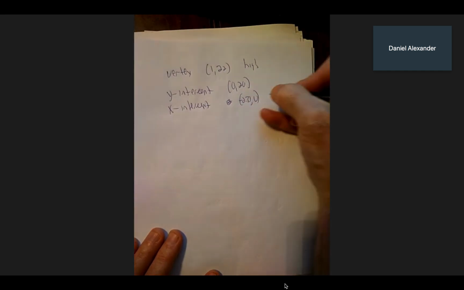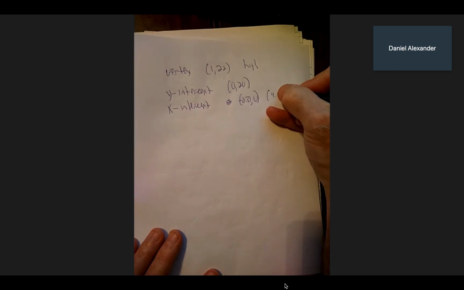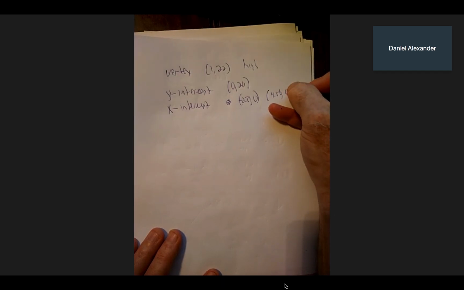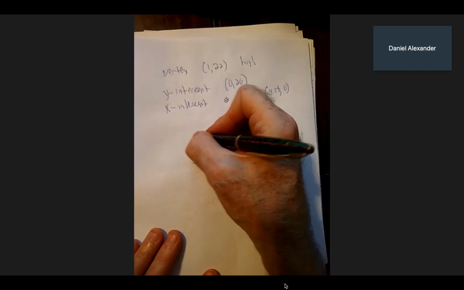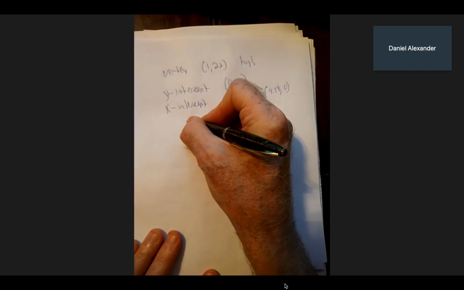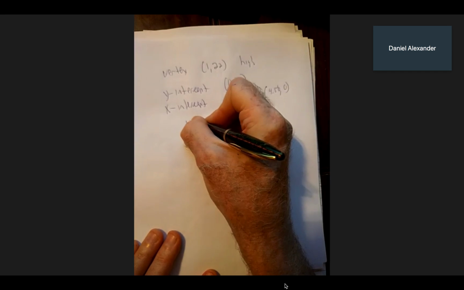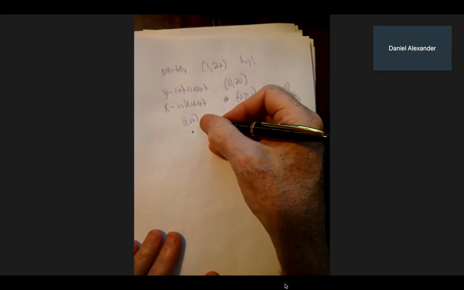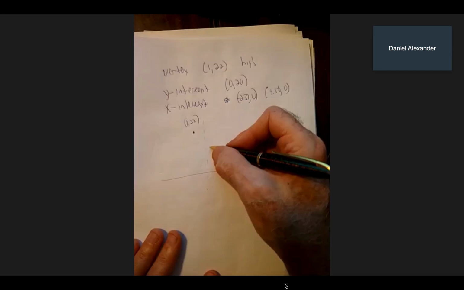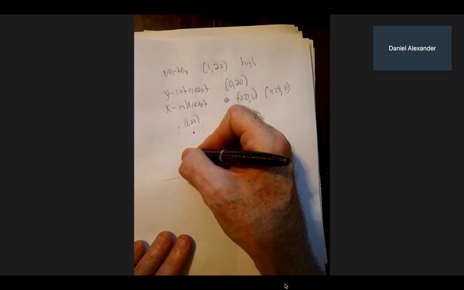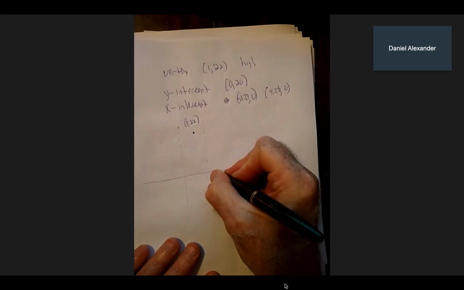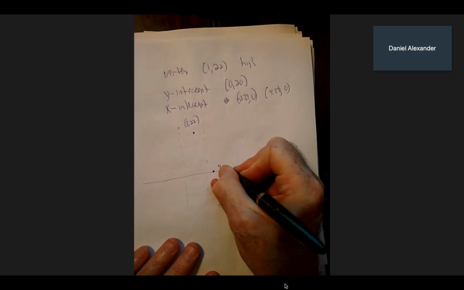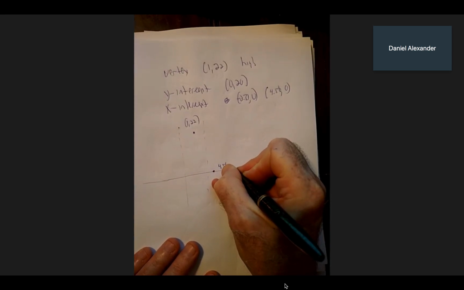So here's where we go. 1, 22 is going to be the vertex. Okay, then over here, about 4.56 is going to be one root, and the other root's going to be about minus 2.31. So the graph is going to come down here.